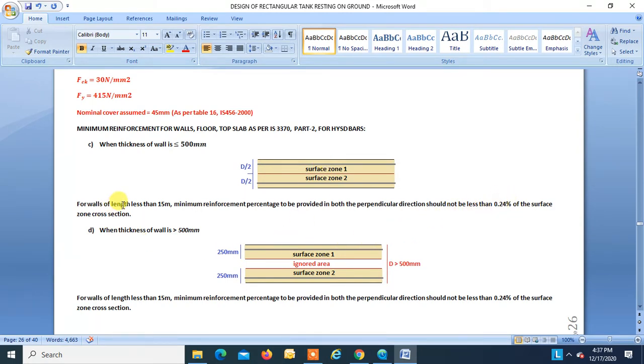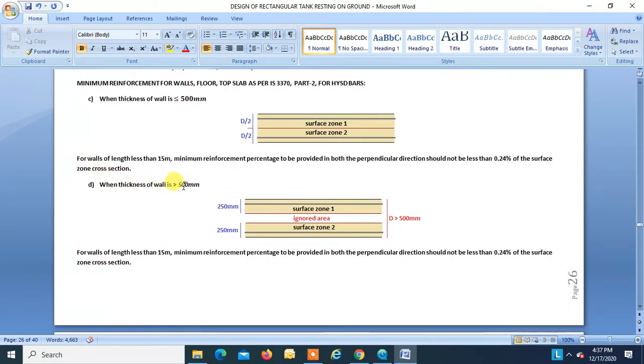But if the length is found to be greater than 15 meters, then the minimum percentage of steel should be 0.35 percent. Okay, this is for HYSD bar. Please remember, when the thickness of the wall is greater than 500, then the in-between area has to be ignored.